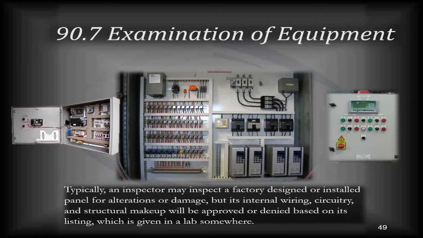So if you've actually gone into the panel and put holes and other relays or circuitry inside of the panel in addition to what the factory has done, that's different. If you didn't do that, they probably are not going to get too whipped up about what you've got installed there.